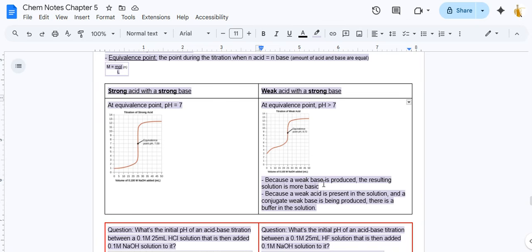And because a weak base is being produced, the resulting solution is more basic. So that's why pH is larger than 7.